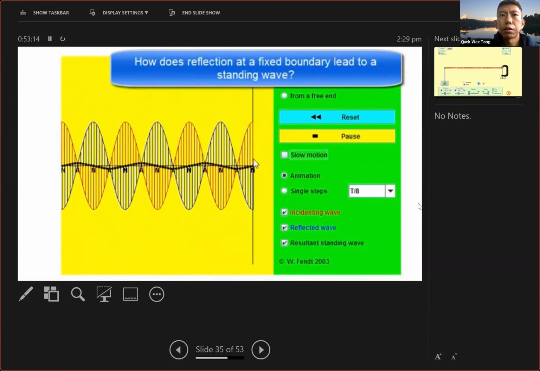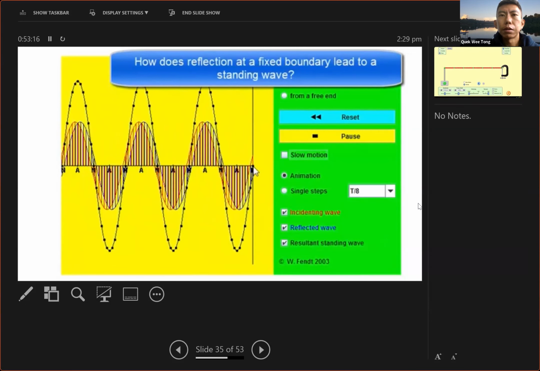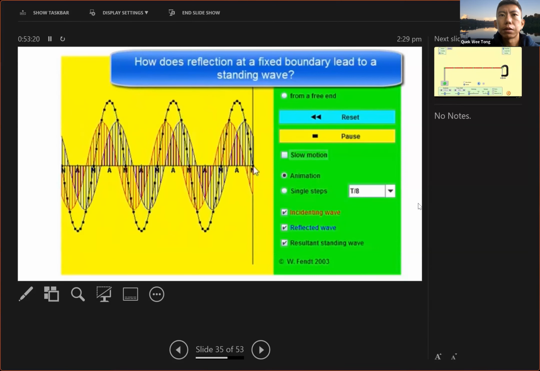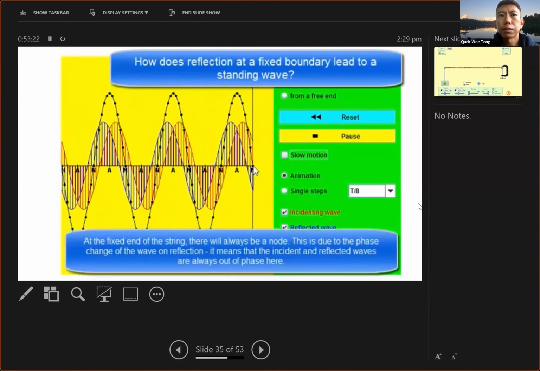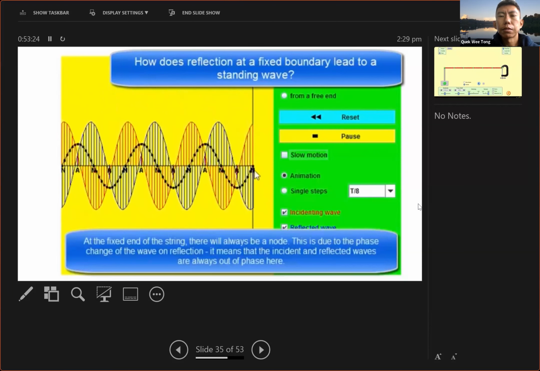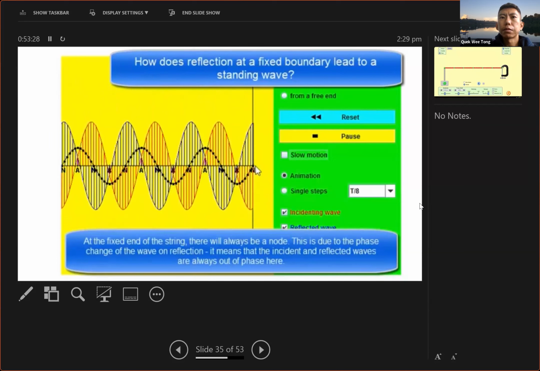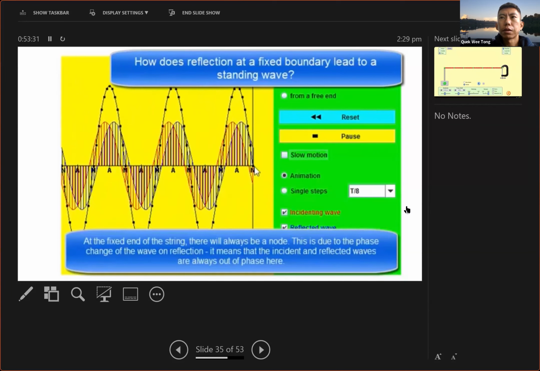And because of the phase change that happens at the boundary, we always end up with a node at the fixed boundary. So that's a boundary condition for a standing wave on a string. If we have a fixed boundary, the two waves will always interfere destructively there.